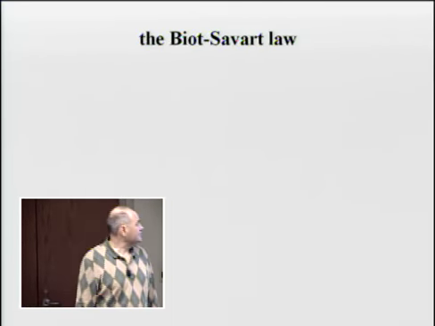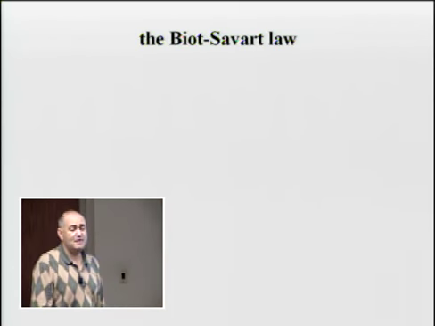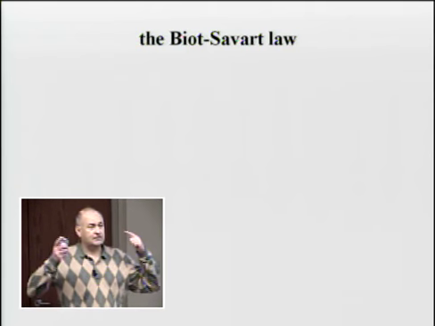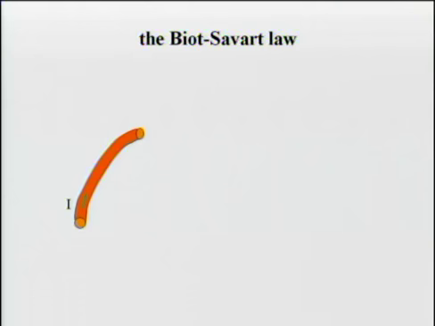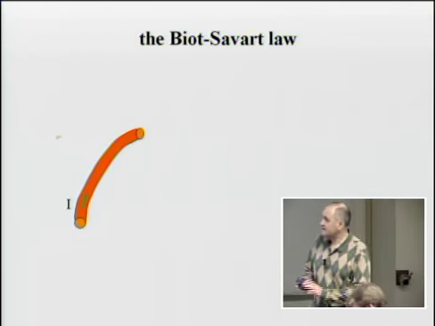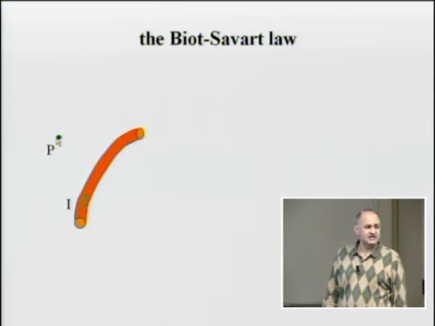We are not going to derive the Biot-Savart Law. Therefore, I want you just to memorize it. First of all, comprehend it, and then memorize it. So let's say that I have an arbitrarily shaped wire, and I'm interested in the magnetic field at a particular location.